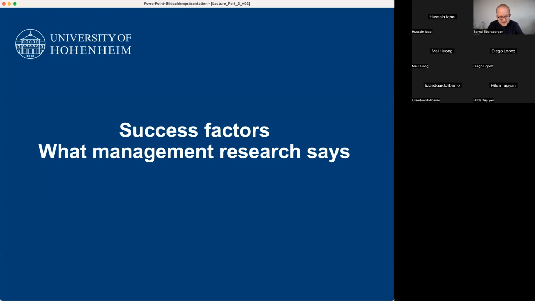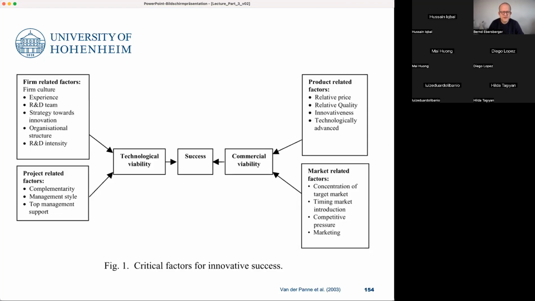Now, we have discussed how we can measure innovation. Now, the question is, what are the success factors of innovation? And what management research says, and there is a paper out there, it's a little bit dusted, but it's still very, very good. What are the critical factors for innovation success?